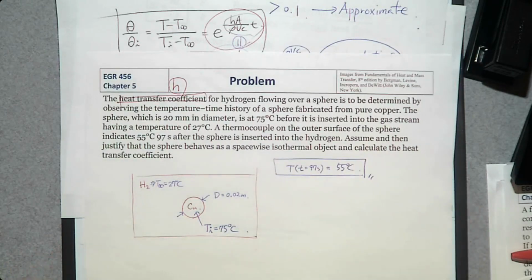So let's calculate h. So how can we do that? Since we do not know how to do the approximate method, the only governing equation we know is going to be the lumped system analysis. So let's do that, solve it, and verify whether it is lumped system or not, right? We can do that.